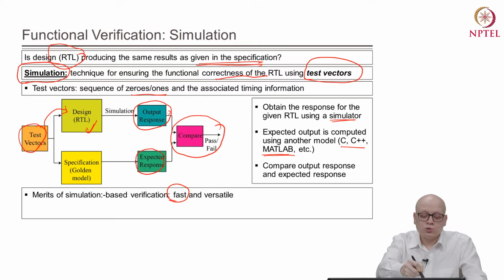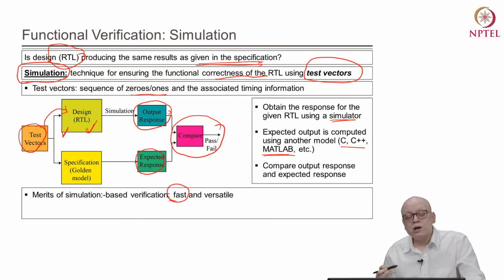Here I have shown it being used for an RTL model, but instead we can take a gate level netlist and do a simulation to see what the output response is. Similarly, we can do this kind of simulation at the transistor level. So simulation is a very versatile technique of verifying a design or a model.